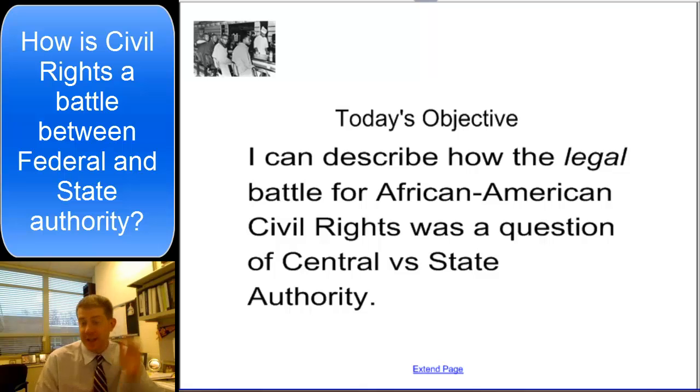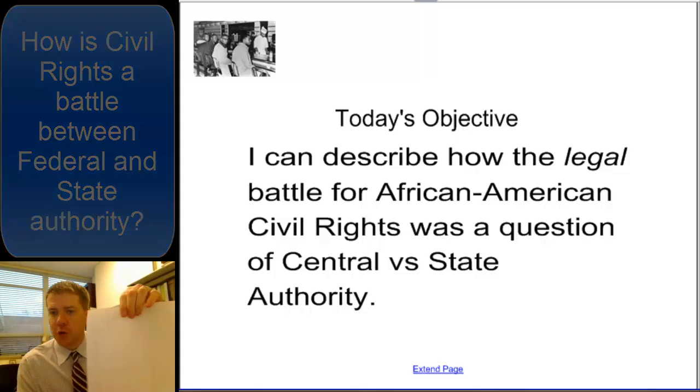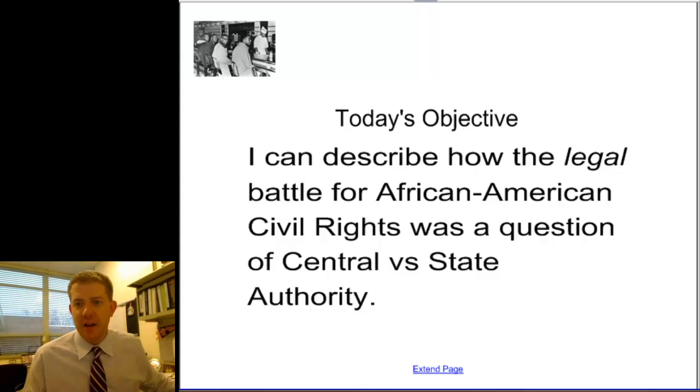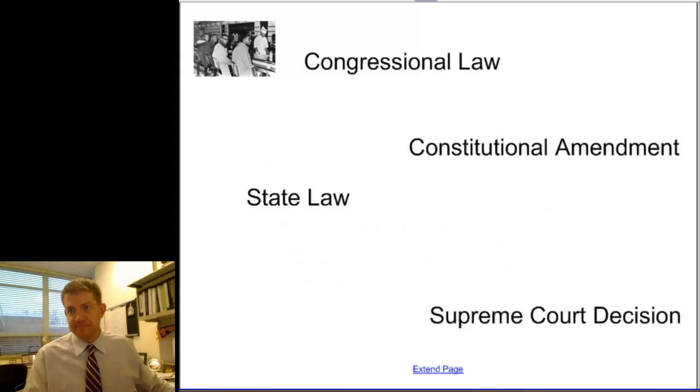I just want to take a second and do a little exercise. Maybe on the back of your note sheet, I want you to take these four terms right here, and I want you to rank them. The order that I want you to rank them in is first will be the body or the idea of law that would be the lowest priority, and at the bottom what would be the highest priority.